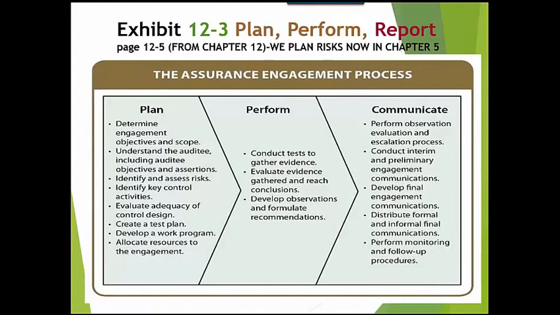Okay, so in the planning, we determine the engagements, the objectives, and the scope. Very important to understand that we clearly need to outline what the scope of the engagement is.